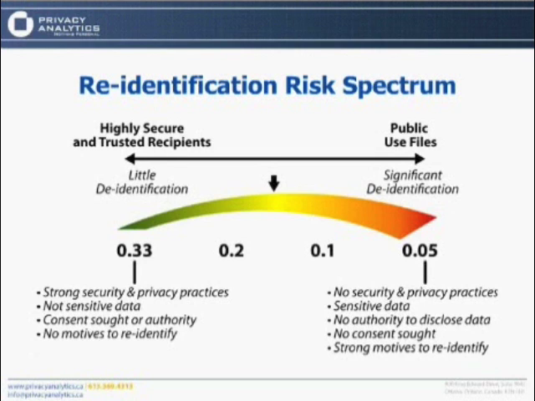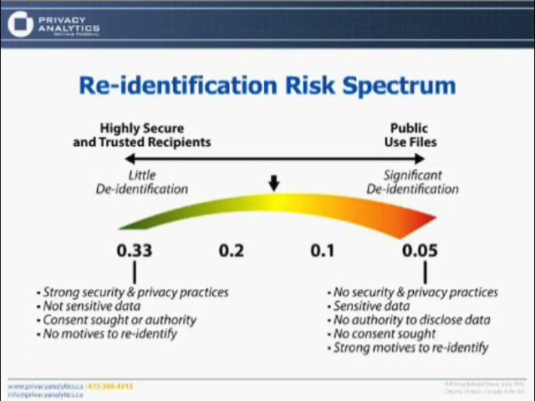We reviewed the policies and procedures of large data custodians, guidebooks, national statistical agencies, court judgments, and regulator orders, and the range of levels that have been stipulated falls within the 0.33 to 0.05 range.